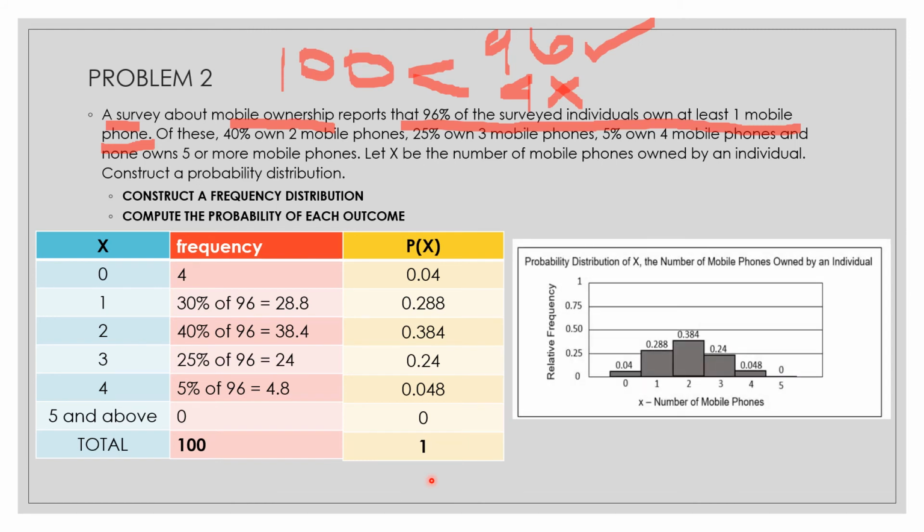And then finally, we are going to draw or construct the histogram of this random variable. So the same as what we have done a while ago. For the x-axis, we have our random variable x. Kaya may 0 until 5 and above. So yun yung nilagay natin dito. Yung 5 and above yung ibig sabihin yan, no? And then for our y-axis, we have our relative frequency, which is p of x.